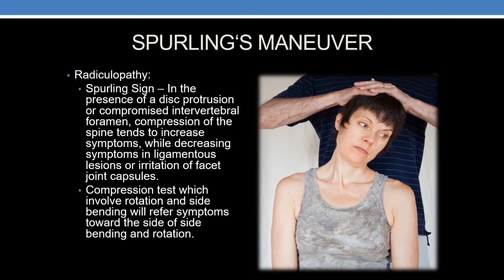In other words, it'll refer symptoms to the side of the intervertebral foramen that's being compressed. Therefore, a report of pain symptoms on the side contralateral to the side of the compressed intervertebral foramen would be considered a non-physiologic finding, or at least it would be a negative finding for radiculopathy.